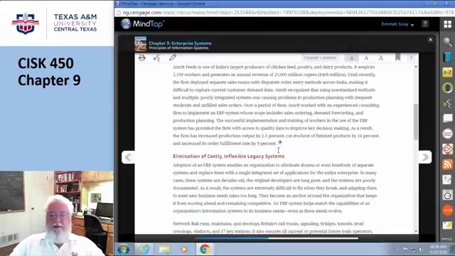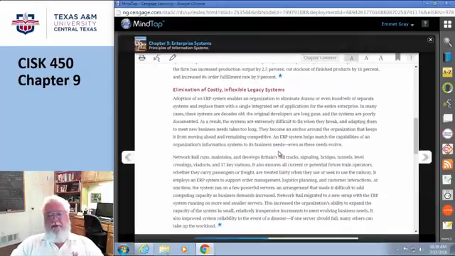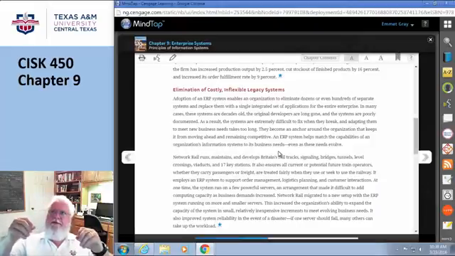Cool. Another one talks about eliminating costly and inflexible legacy systems. Now, this is kind of a crazy thing to talk about as an advantage of buying new equipment: you get to throw away the old equipment. That's essentially what they're saying. In other words, if you buy a new ERP system, typically they're going to say, look, you're not going to be using this old accounting software anymore.